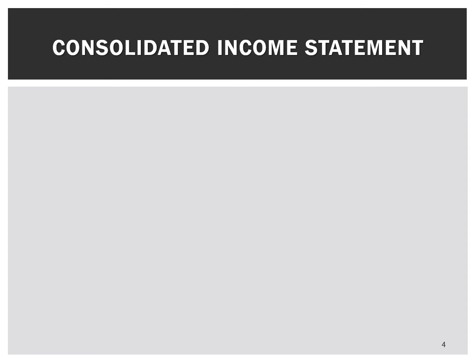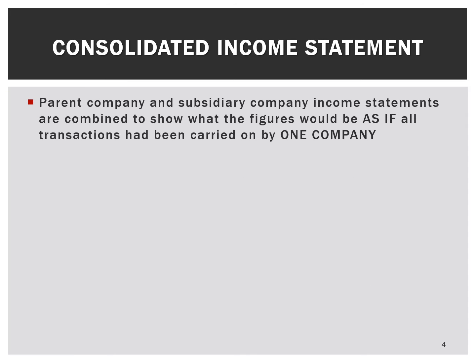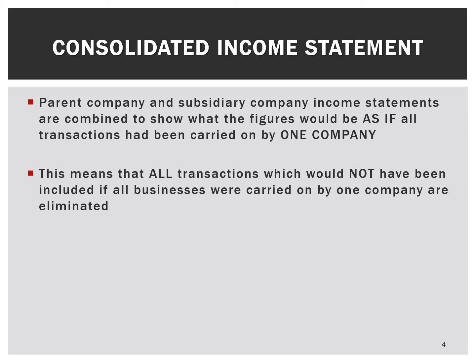And if we look at the consolidated profit and loss account, the income statement, the parent and the subsidiary companies' statements are combined to show what they would have looked like if all of the transactions had been carried on by just one company. And that means that all the transactions which wouldn't have been included if both businesses were combined into one, all those transactions need to be cancelled out and eliminated from the figures.